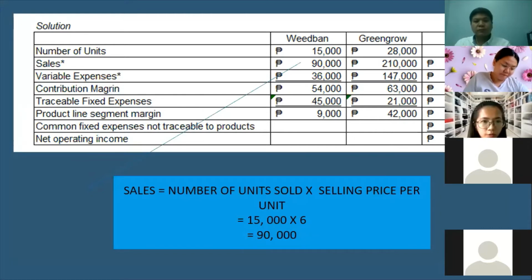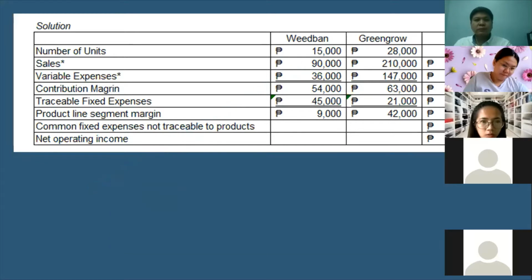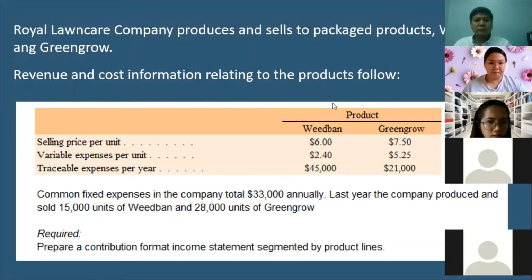The number of units is 15,000, multiplied by the selling price per unit from the last slide, which is $6. So we can get the $90,000.